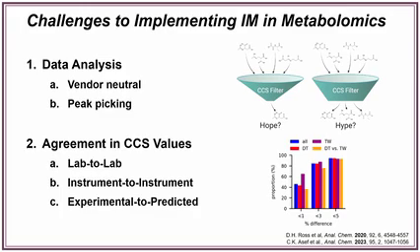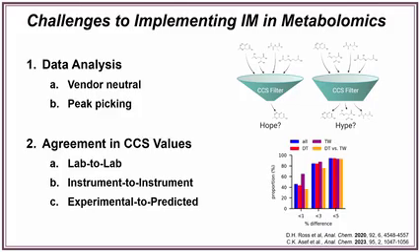The second challenge that we, as an ion mobility community, are still dealing with is the agreement in CCS values. There's variation from one lab to another, even if you're all using the same instrument. There can be a lot of variability between two different types of instruments.